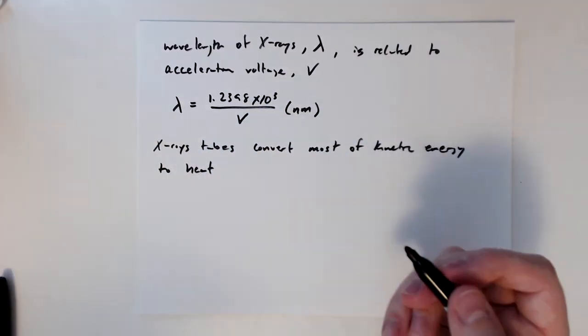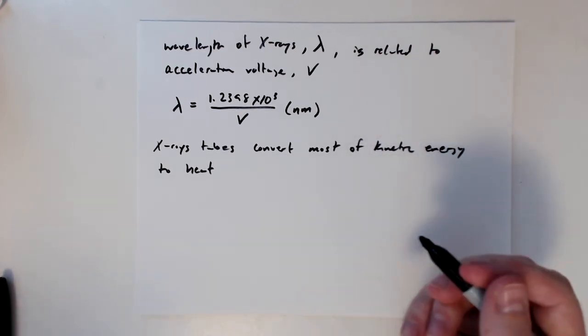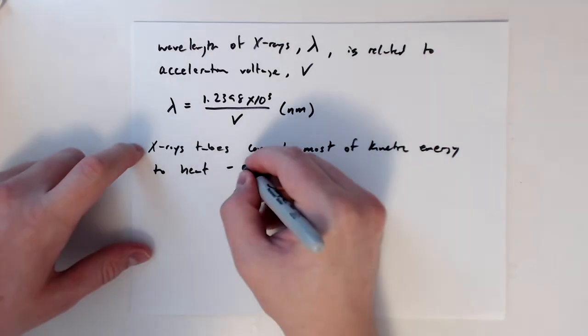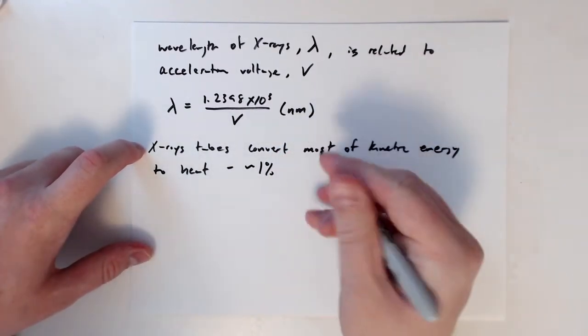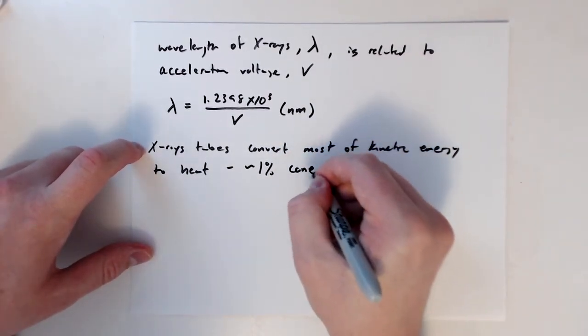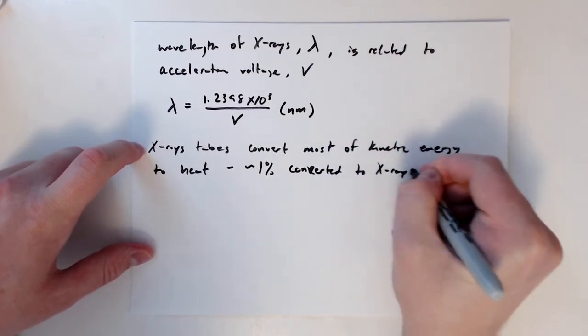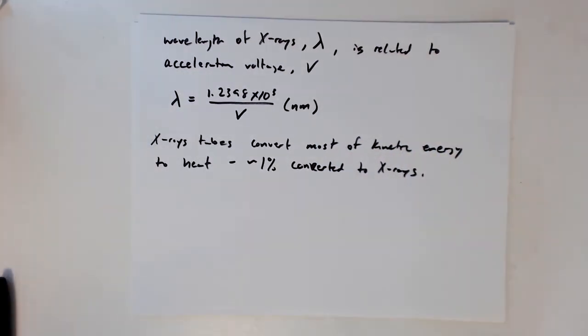So that's why they get so hot, because most of that energy is converted to heat, and only around 1% is converted to X-rays. So it's not very high efficiency. But this also shows you why the cooling is required.